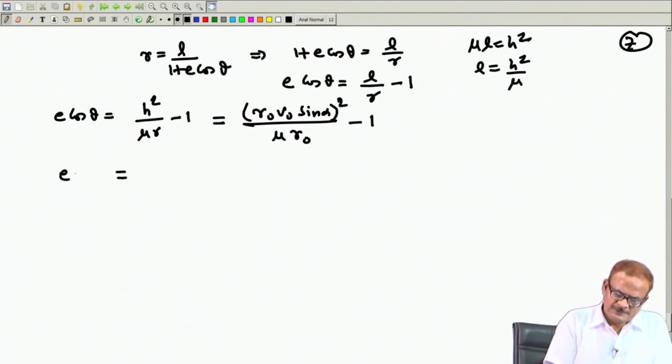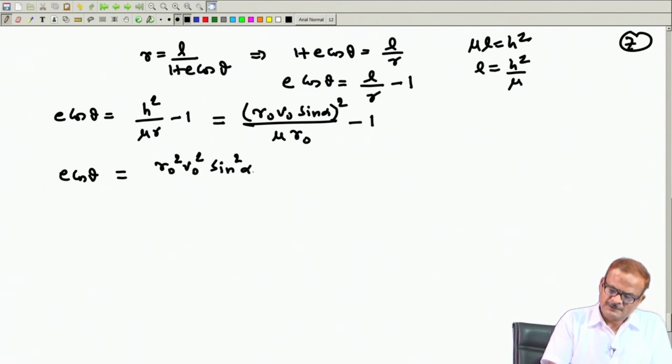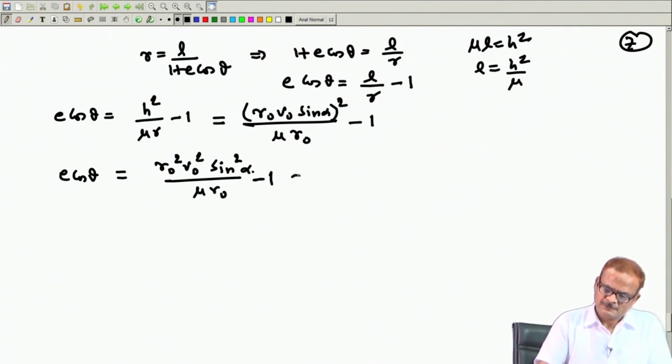So, this gives us E cos theta equal to r 0 square v 0 square sin square alpha divided by mu r 0 minus 1.